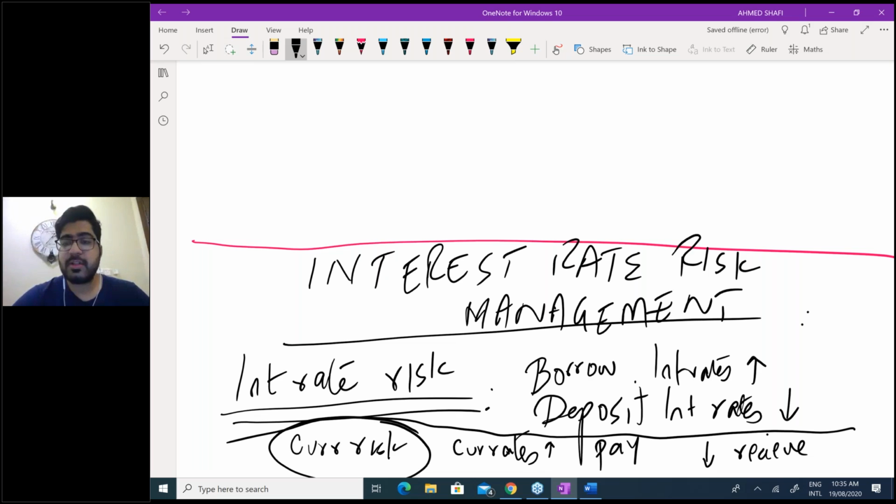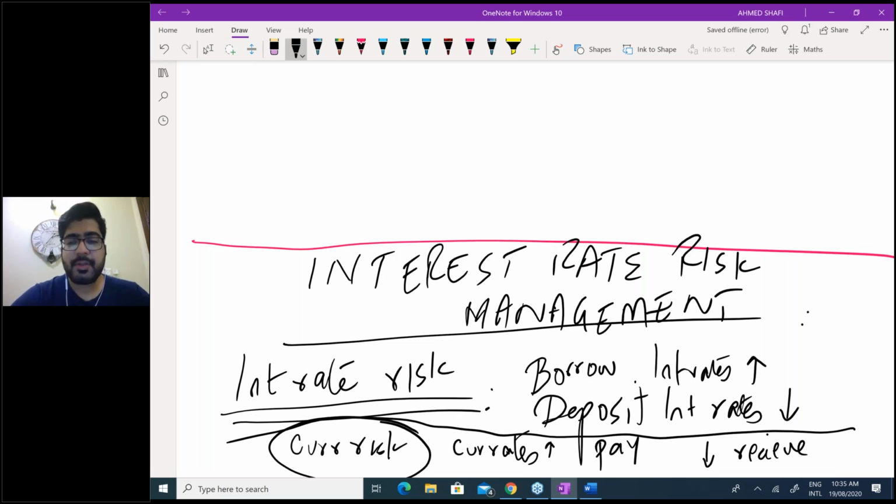So what exactly is interest rate risk? If you plan to borrow money after 4 months, a person will always face this risk that interest rates may go up. And suppose we plan to deposit some money after 6 months, a person is always concerned that interest rates may go down.